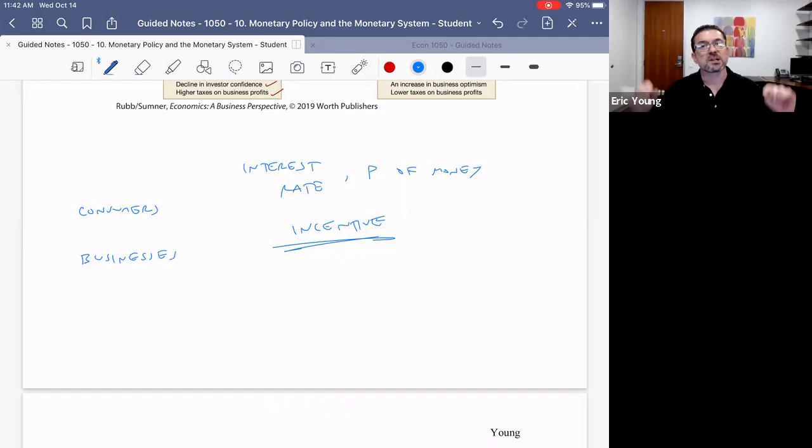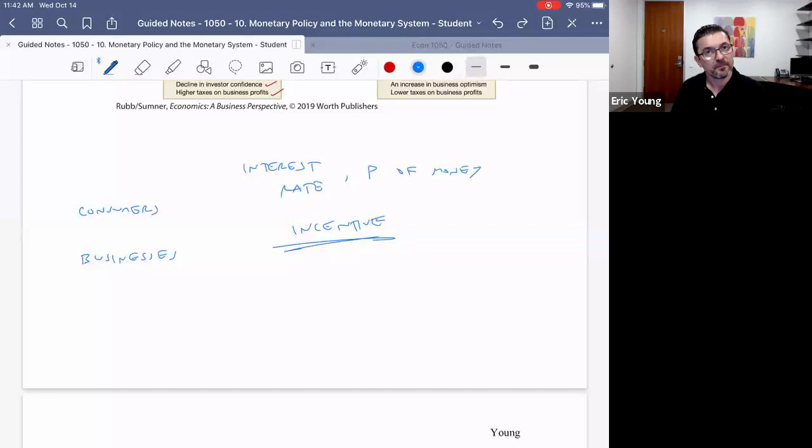If interest rates fall and it becomes cheaper to take out a loan, that's going to increase the incentives for both consumers and businesses to take out loans. They will take out more loans and they will spend more money. Hold tight for that one for a bit.